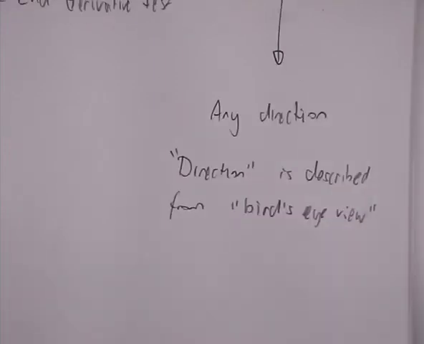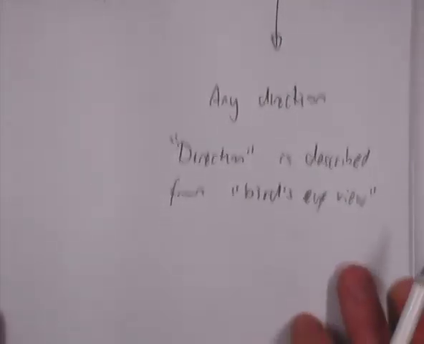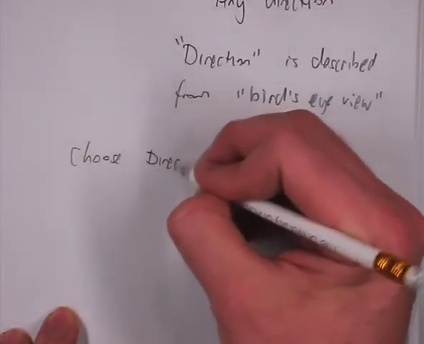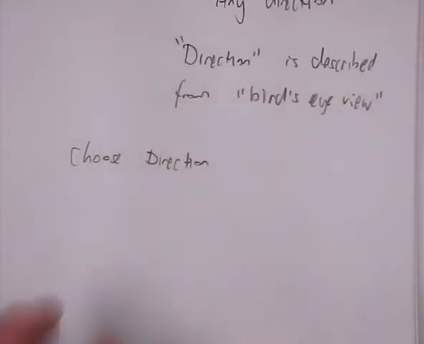So the concept is the same though. You have a direction. This is the order you do it. You choose your direction, with your bird's eye view. You slice your surface with a plane that goes in that direction.